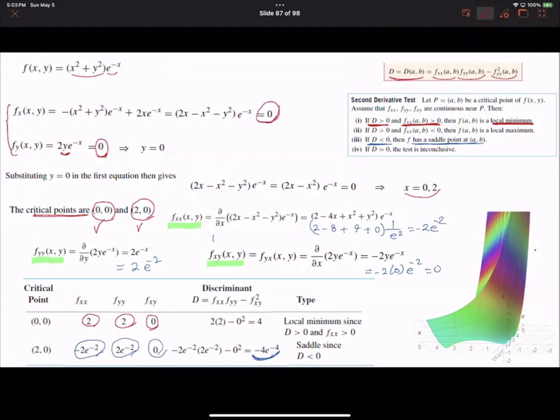But note that when you set 2y e to the power negative x, for example, equal to 0, e to the power negative x is never 0. So there is no point setting this equal to 0. You set 2y equal to 0 and y becomes 0. That's how you get y equal to 0 here.